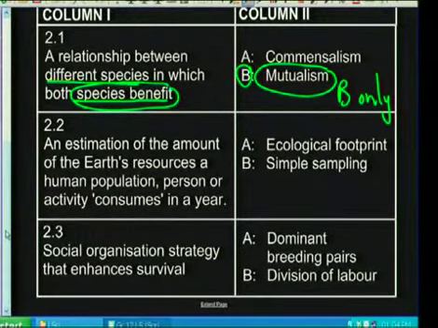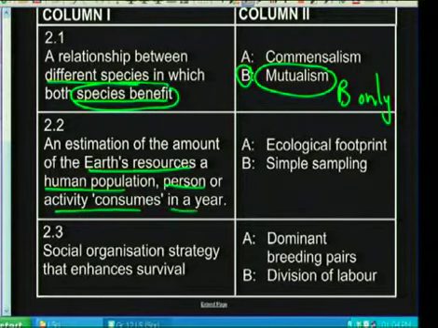An estimation of the amount of the Earth's resources a human population or person or activity consumes in a year. And guys, we've got to look at this. This question refers to the amount of resources that individuals, populations, or even communities will utilize, and this is used to ascertain the impact that a population, community, or individual will have on the environment.